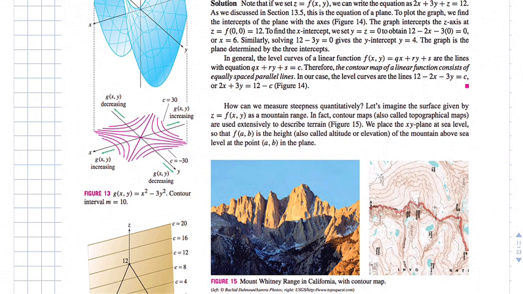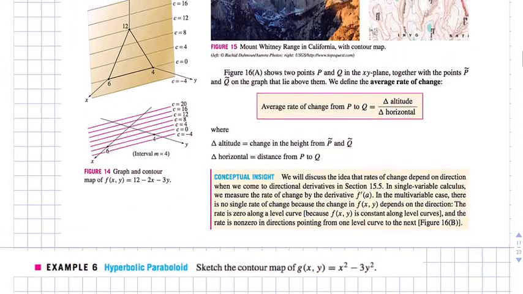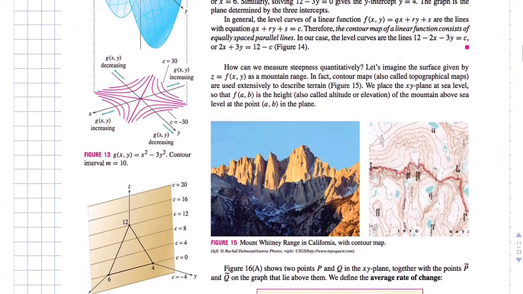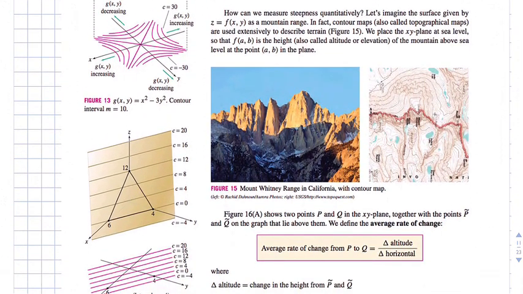So in our case, the level curves are the lines 12 minus 2x minus 3y equals c, or 2x plus 3y equals 12 minus c, figure 14. And that's what we got for our contour. As we plotted our different contour lines, we got parallel lines that are equally spaced. Okay, so that was example 7.